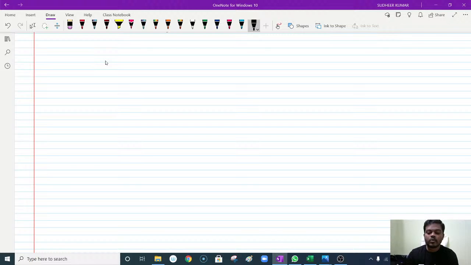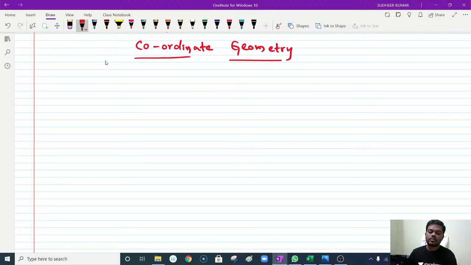If you go to the next one, coordinate geometry. Here coordinate geometry is 16 to 20 marks. As I considered previous papers' weightage, we got these results.